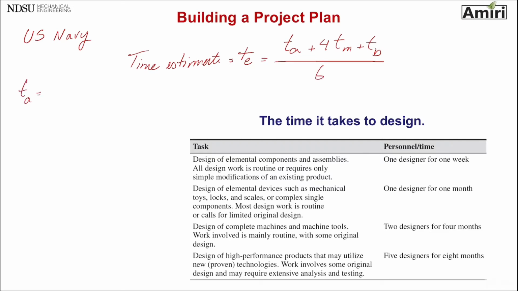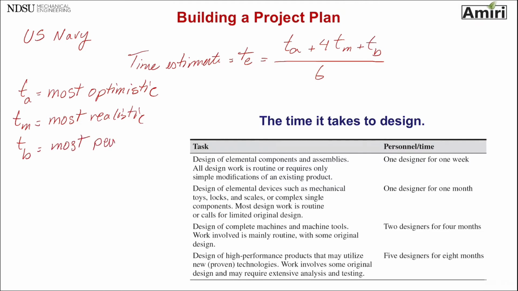T sub A was most optimistic, T sub M is most realistic, and T sub B was most pessimistic. So this is a good model to use, and there are other different models for estimating your time, but this is a model developed by US Navy, and this is something that we talked about in ME361.